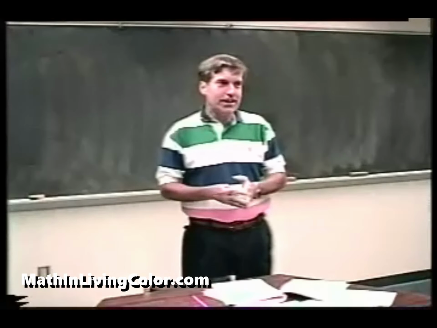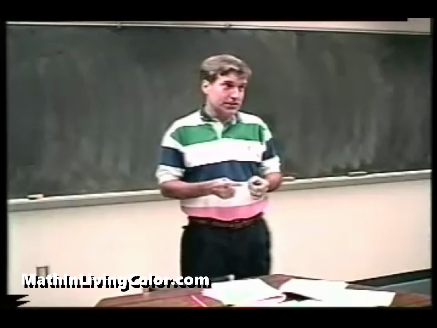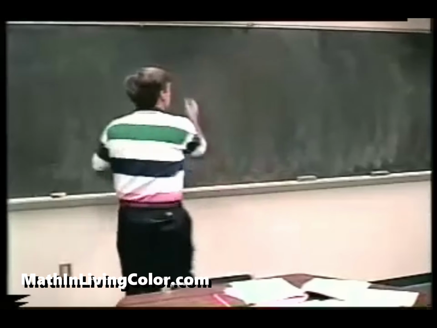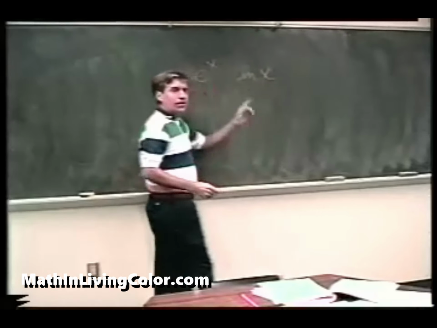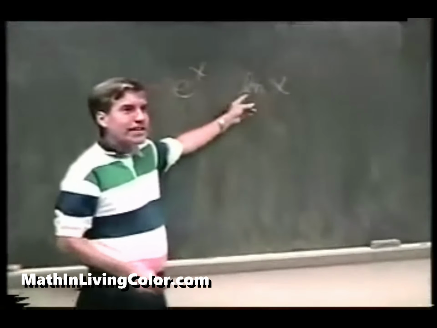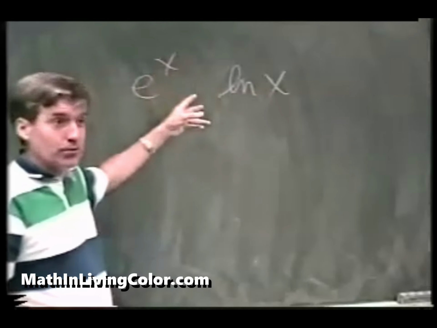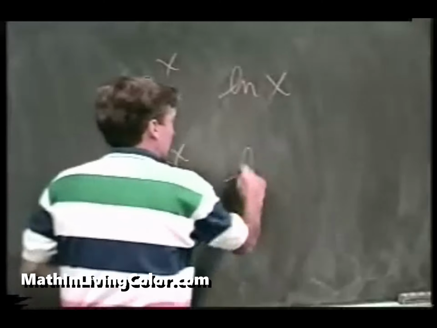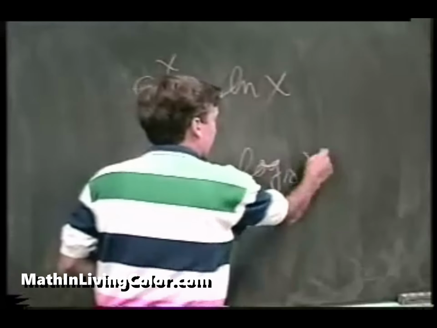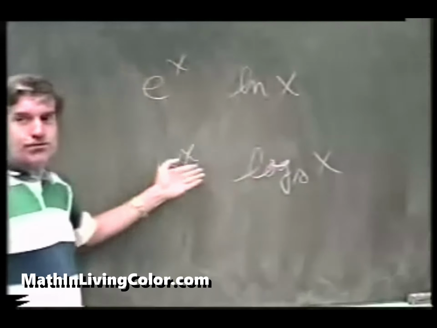In the first session that we just had, I was corrected on a couple of things. I may have said that e to the x and ln of x are reciprocal functions. They are inverse functions. They are not reciprocal functions. And 10 to the x and log base 10 of x are inverse functions of one another.